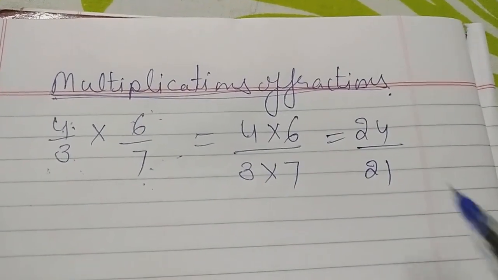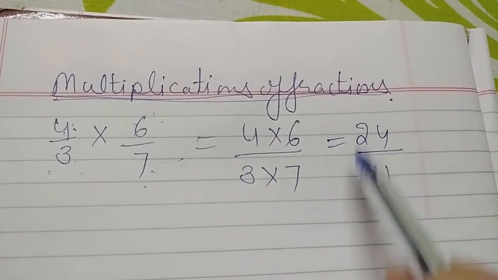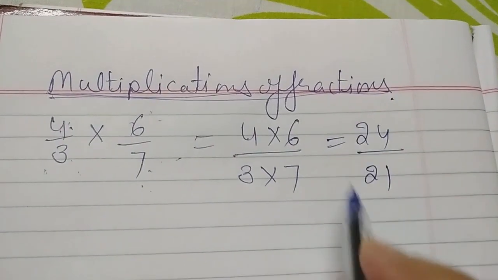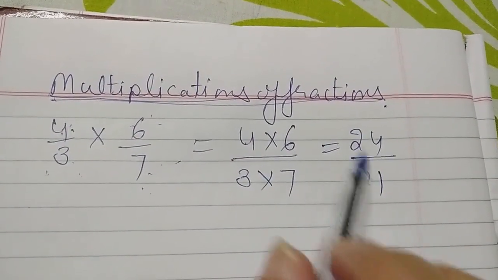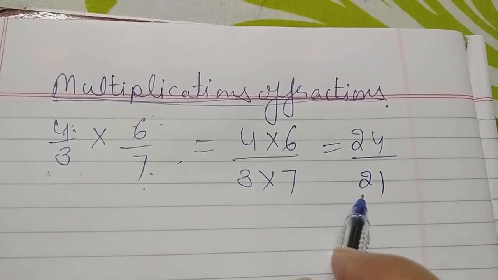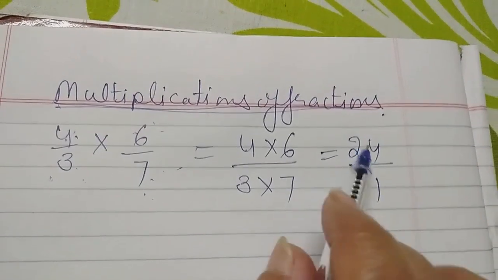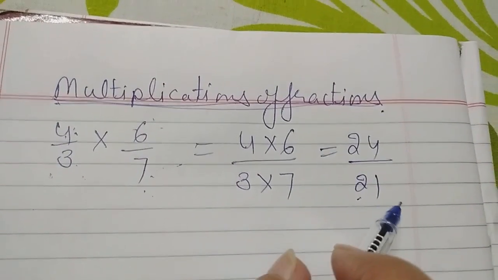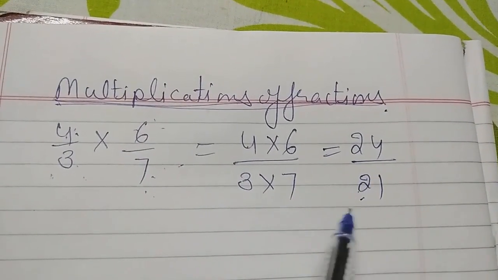Now next step is how you write this in the simplest form. Simplest form means if there is any number common, you have to write it in the lowest form.